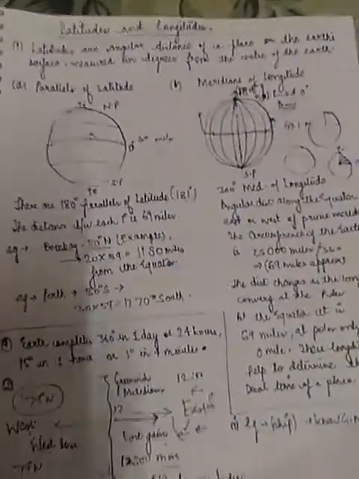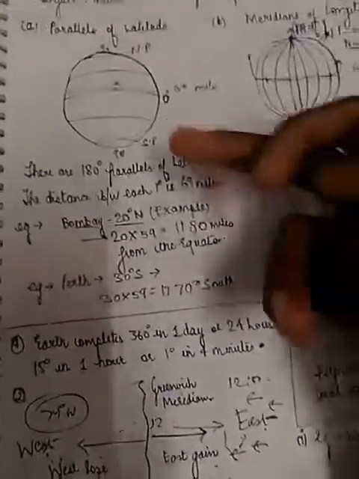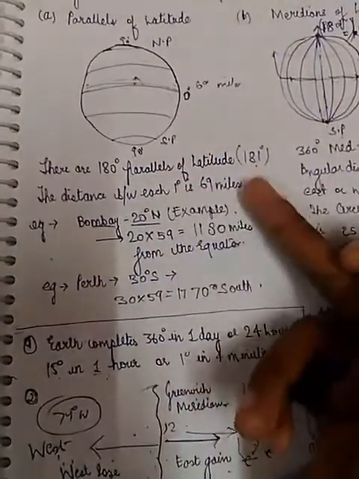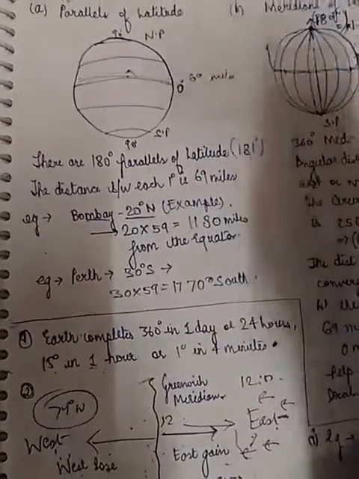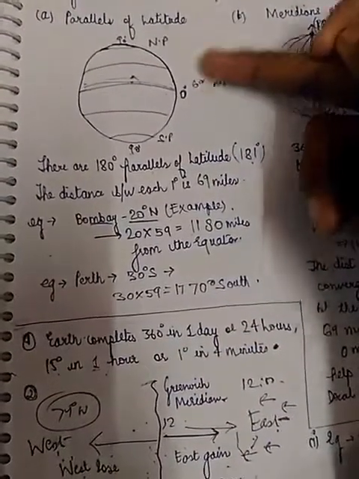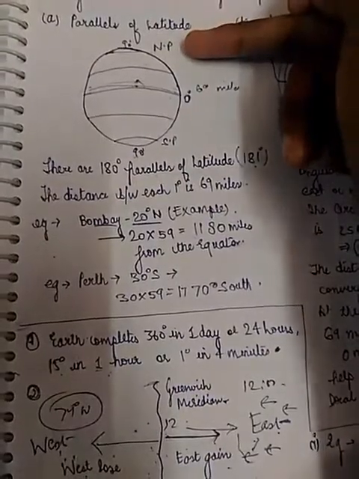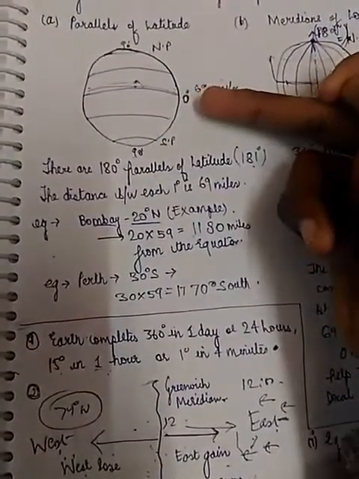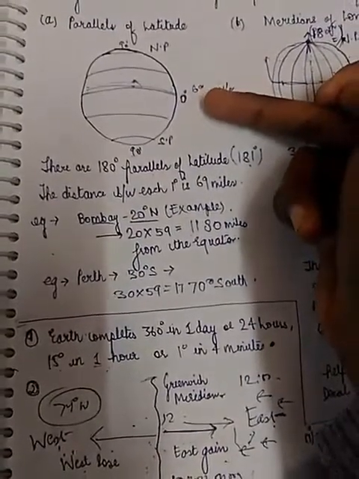I hope this much is clear to everybody. There are 181 parallels of latitude. Mind it, 181. First we have 1 degree to 90 degrees in the northern hemisphere and 1 degree to 90 degrees in the southern hemisphere, plus 0 degree latitude, that is called the equator.